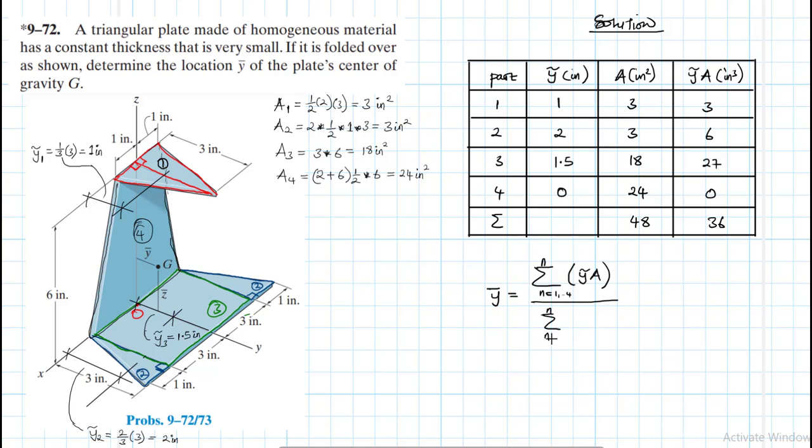This gives us 36 divided by 48, which is 0.75 inches. So y bar therefore is equal to 0.75 inches.